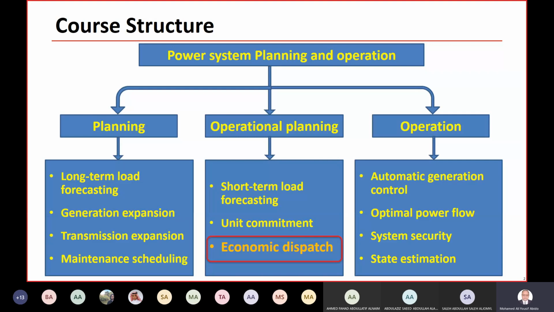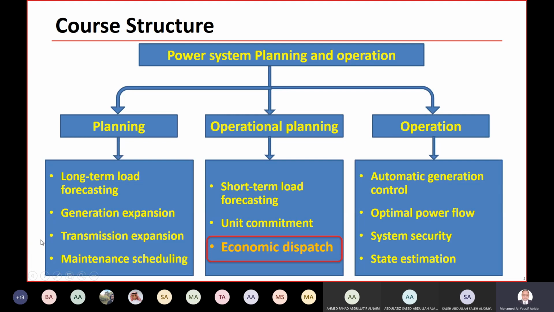While the system is operating, you need to plan for 1 week. This is called short-term load forecasting, and based on this short-term load forecasting, you need to schedule the committed generators in what we call the economic dispatch problem.